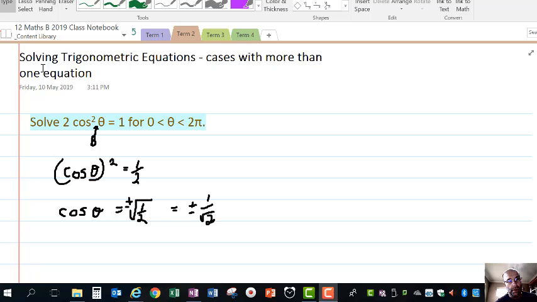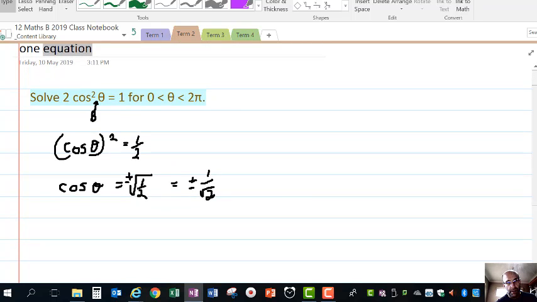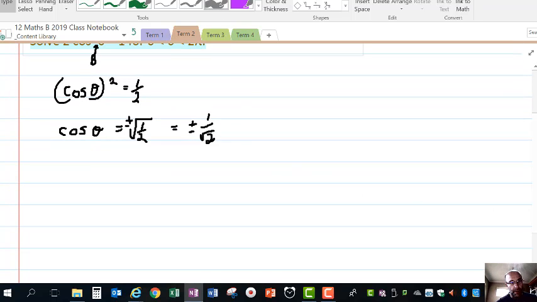And I've just spotted a little flaw with the title. That should have been cases of more than one equation, because we have 2 equations. If you look down here, cos theta can be positive 1 over root 2 or negative 1 over root 2, if you don't mind the irrational denominator.